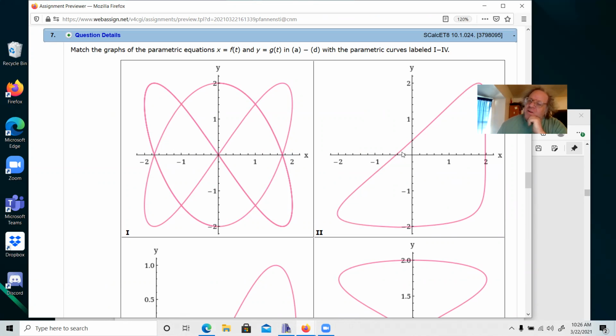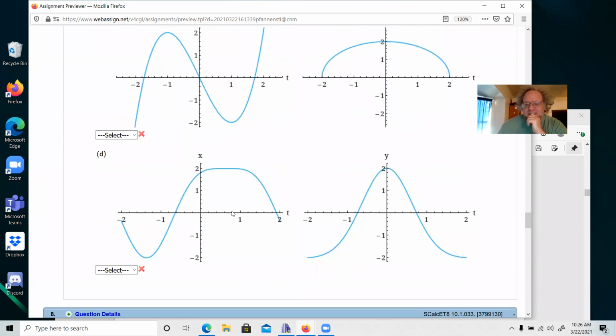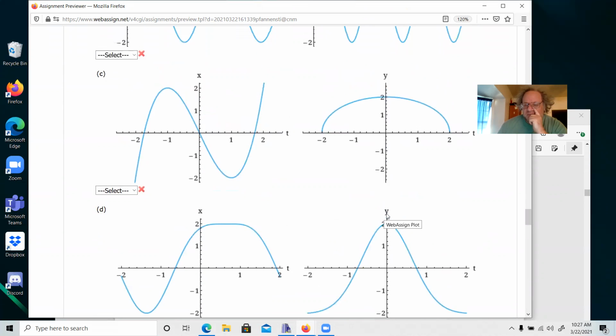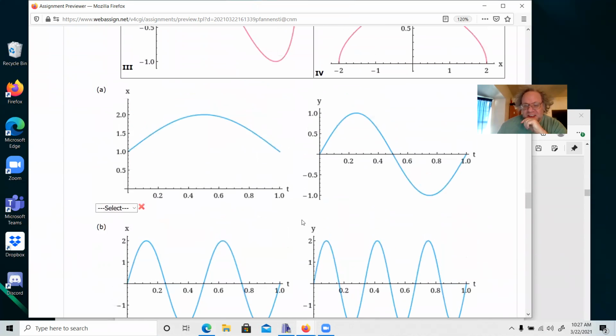And y is only positive a little bit, right? Y is only positive for like between -0.5 and 2. It's not very often. Yeah, I'm kind of liking this one. So graph D is going to go with B.